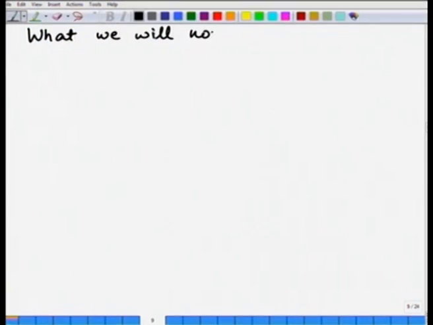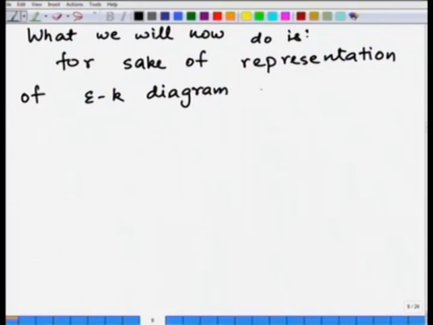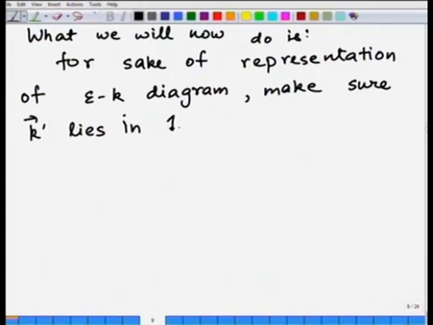What I am now going to do, for the sake of representation of the E-k diagram, is make sure that k prime lies in the first Brillouin zone.